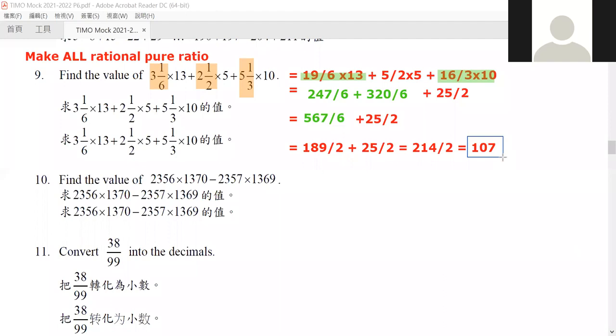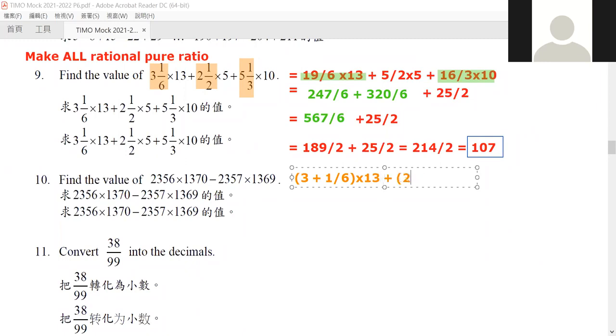Now, of course, this is not the only way of doing this. Another way of doing this is to use the distributive law to reform this answer. Now, what do you mean by that? Because in here, 3 and 1/6 can be written as 3 plus 1/6 and then multiplied by 13, right?